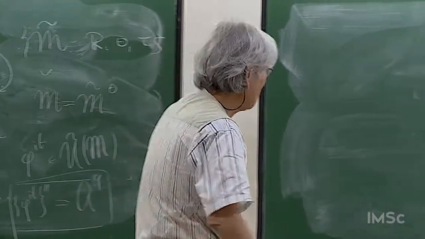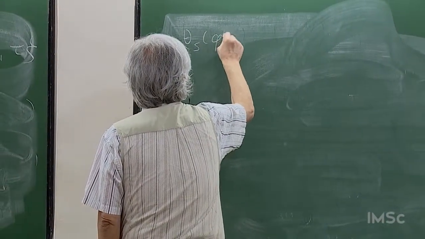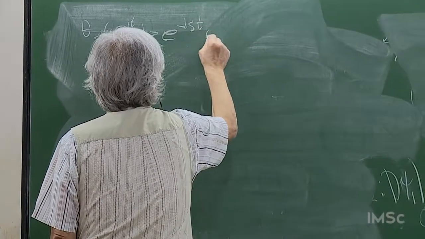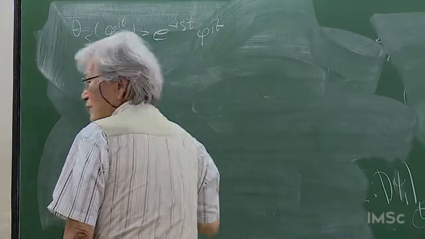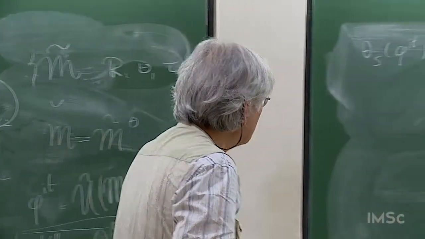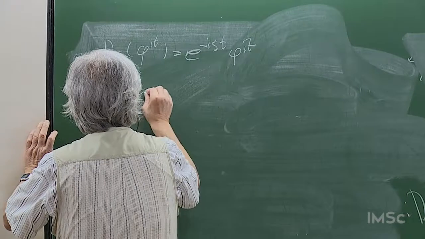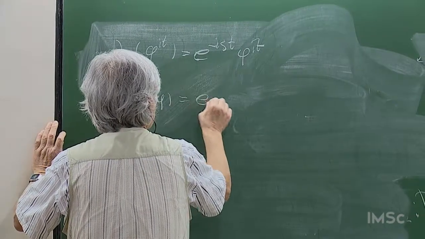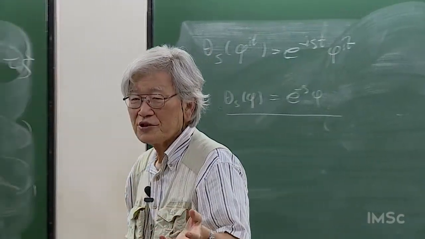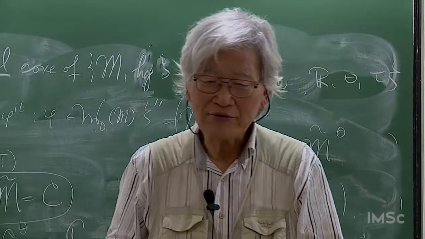That theta S of phi to the power it was e to the minus ist phi to the power it, wasn't it? Yeah. Which means that theta S of phi equals e to the minus S phi. Immediately you recognize that phi cannot be bounded.